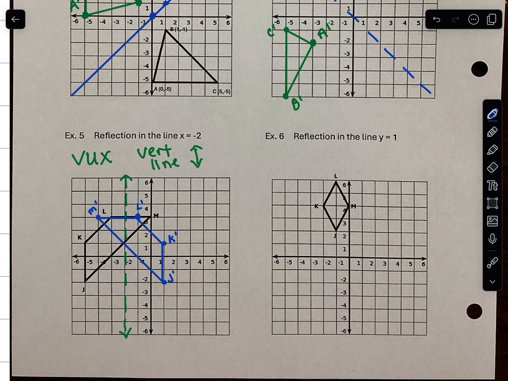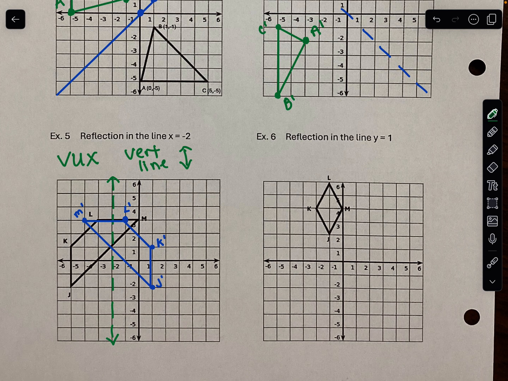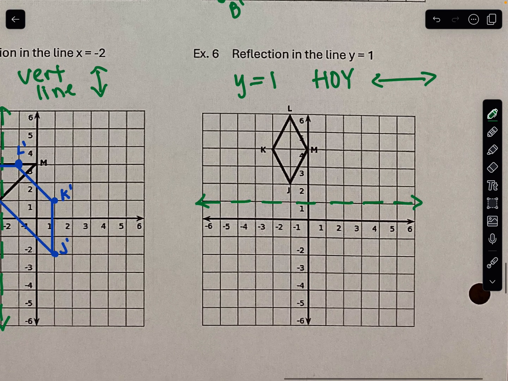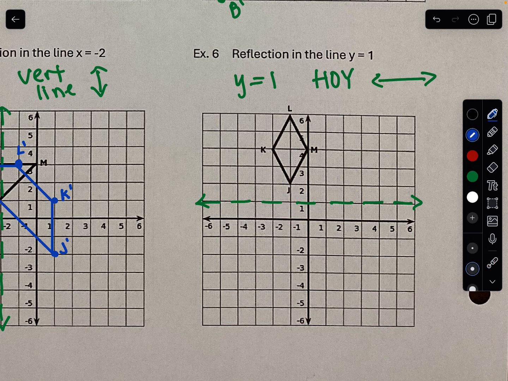Okay. So easy way out, if I have a line y equals 1, what type of line is that? Right? Horizontal line at 1. So I would just draw that in, and I'm going to do the same thing. I'm going to reflect all of my points. So J, 1 unit away, I go 1 unit on the other side, and I get J prime.